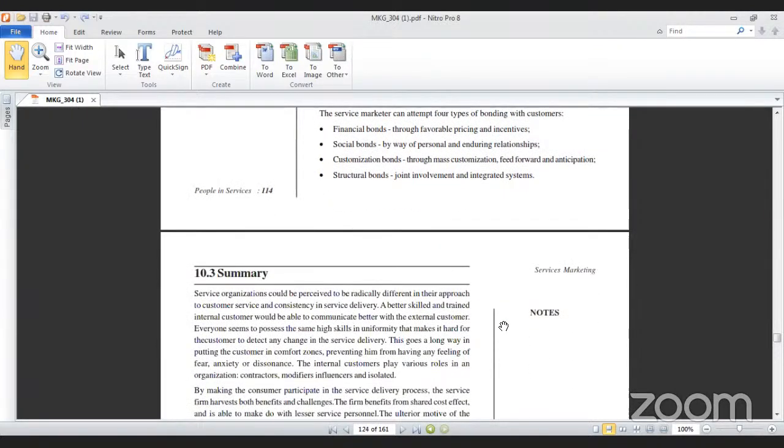In this chapter, my summary is service organizations could be perceived to be really different in their approach to customer service and consulting in service delivery. So better skilled and trained internal customers would be able to communicate better with external customers. Everyone seems to possess the same high skill.